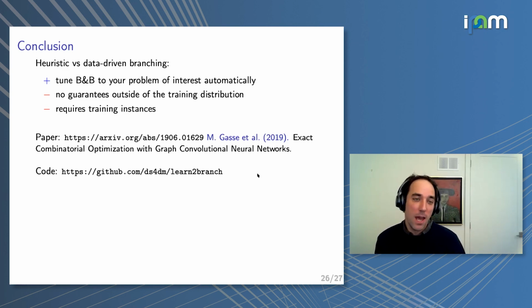And of course, it requires training instances, which works really well if you're solving a problem over and over again. If you've done that for a long time, you might have historical data, but this may not work well in all settings. So the paper was published at NeurIPS, not this one, but the last one, 2019, sorry, and code is available.